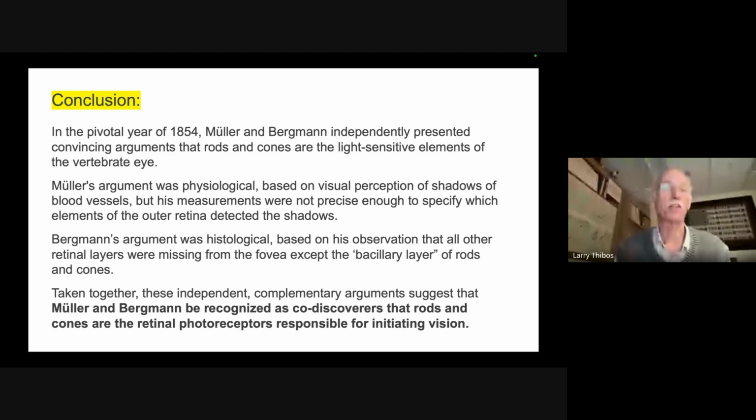But he was right, it was the rods and the cones. Bergmann's argument was histological, based on his observation that all other retinal layers were missing from the fovea except the bacillary layer of rods and cones. He too was right. So taken together, these independent, complementary arguments suggest that Müller and Bergmann really ought to be recognized as co-discoverers that rods and cones are the retinal photoreceptors responsible for initiating vision.